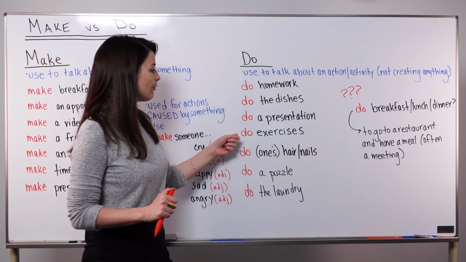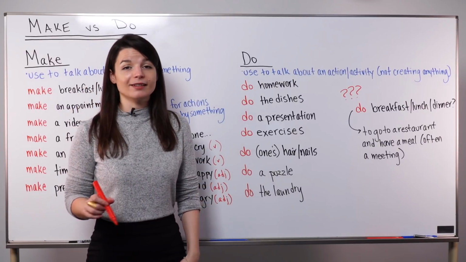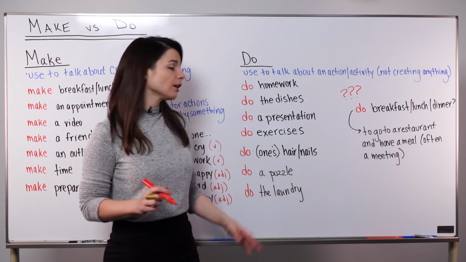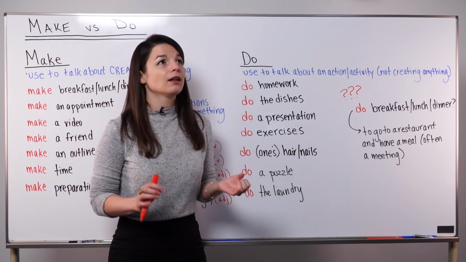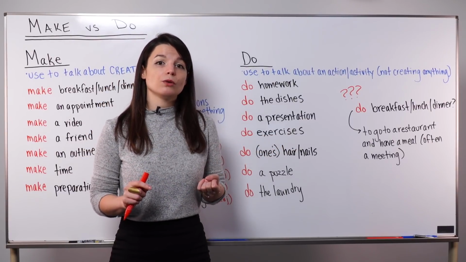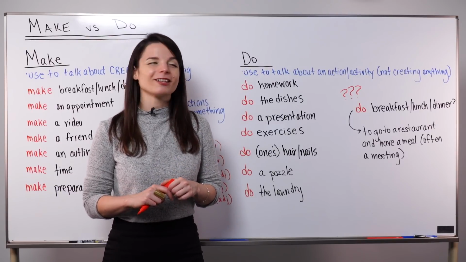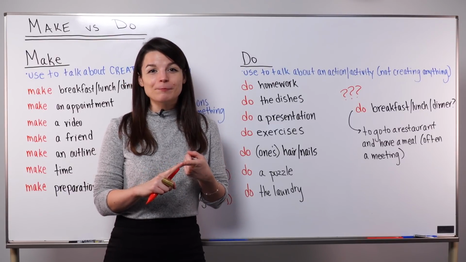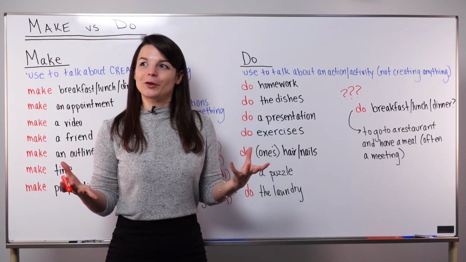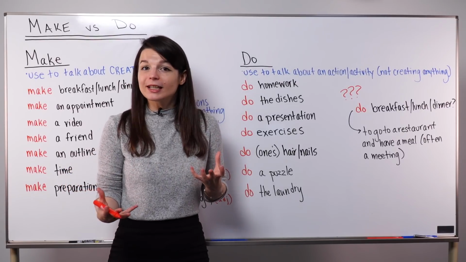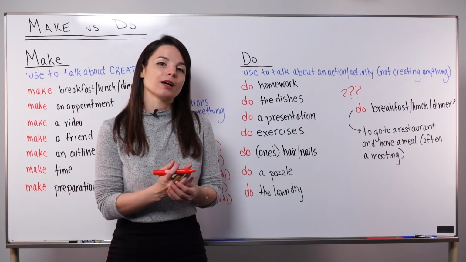Another one is for sports, do exercises. You'll also hear do used with sports, like sports that don't use a ball. So for example, to do yoga. Yoga is not a ball sport. It's kind of an activity-related sport, so we use do to talk about that.